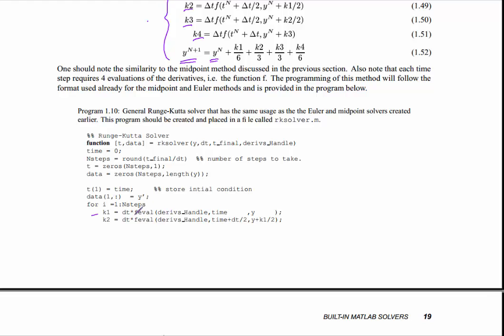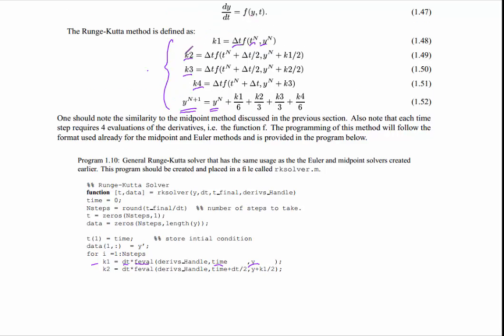For K1, you take the dt, and you're taking the derivative function at time t and the current y. Now to find K2, you're taking the derivative function at time plus dt over 2 and the current y plus K1 over 2. And that's what you have here, time plus dt over 2, current y plus K1 over 2.